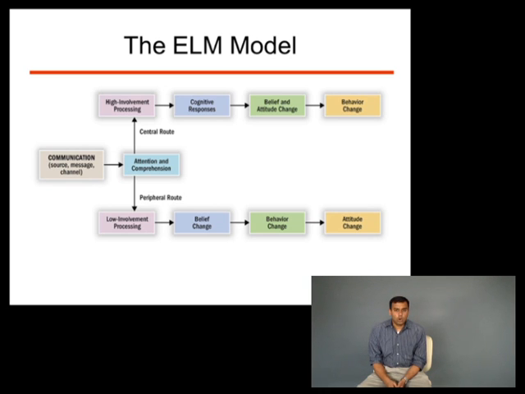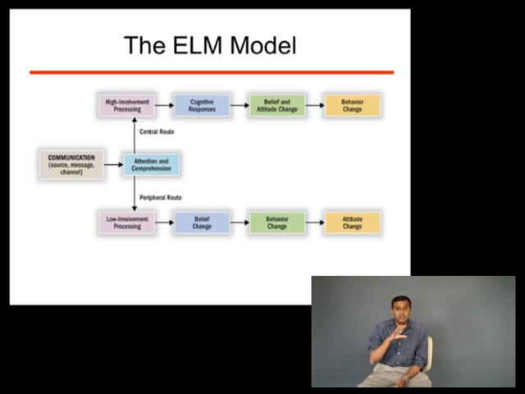And if you're highly involved, it takes on the central route where you're basically using your entire schema that's been created about the product in your memory. You draw on that, and then you use your working memory in your brain, and then you try and make sense out of it. However, if you go to the low processing route, your schema is just activated. It is not used for processing, and part of your short-term memory is being used.